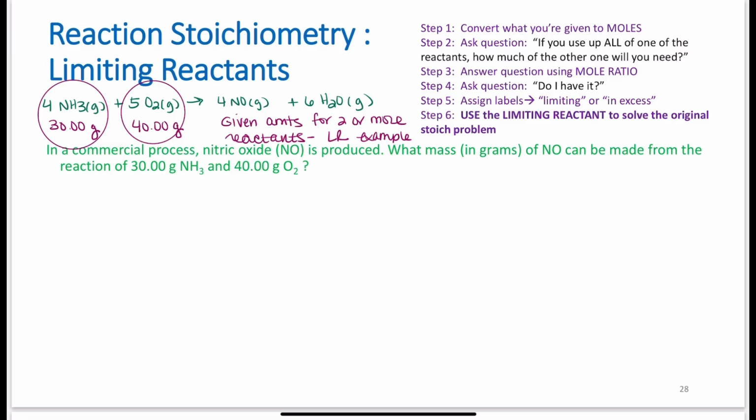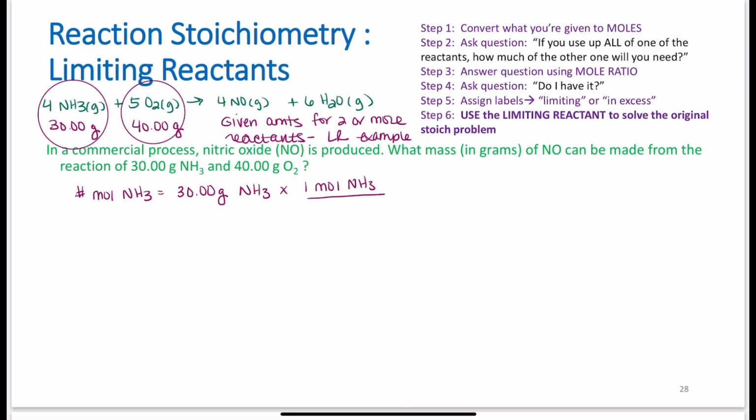Okay. Step one says convert what you're given to moles. So we're going to convert everything we're given to moles. So number of moles of ammonia. I have 30 grams of ammonia. I add up the molar mass. Nitrogen is 14.01 grams per mole.